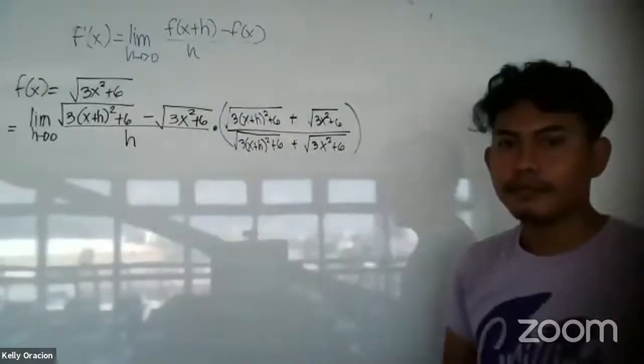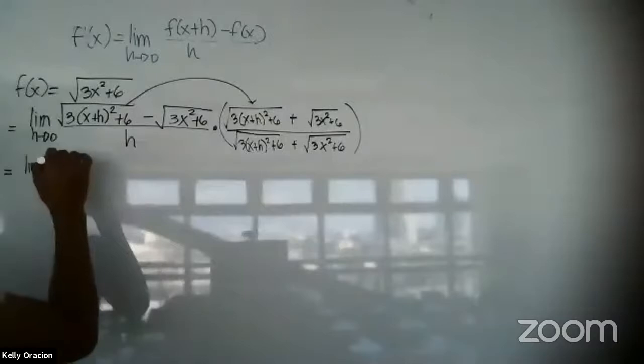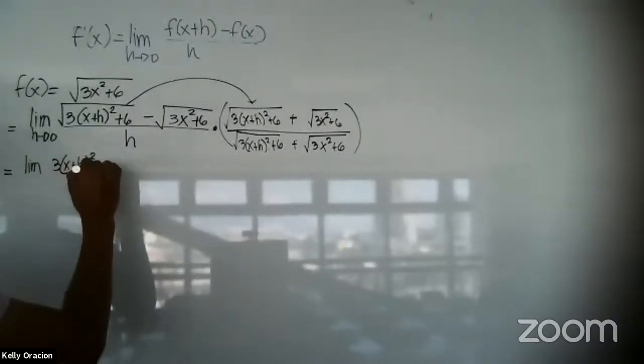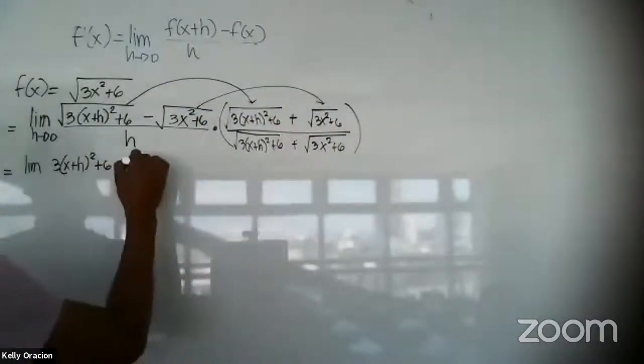Okay? Then, multiply nyo na class. Diretso na lang ako. Multiply this one. That will be 3 times x plus h squared plus 6. Multiply this one. That will be parentheses.